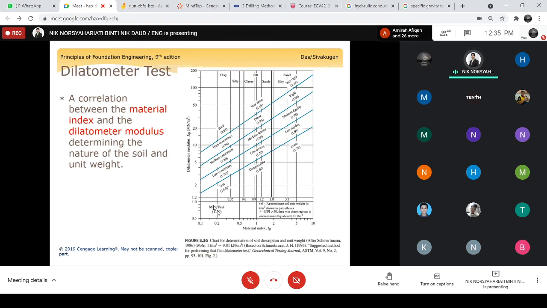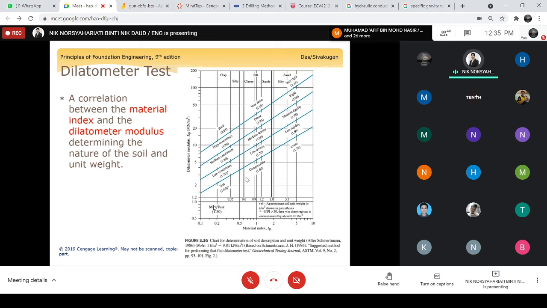So to make it easier, instead of calculating it, Schmertmann 1986 came up with this chart or graph to find out the dilatometer modulus. So you have the material index value, then you can find out the dilatometer modulus.